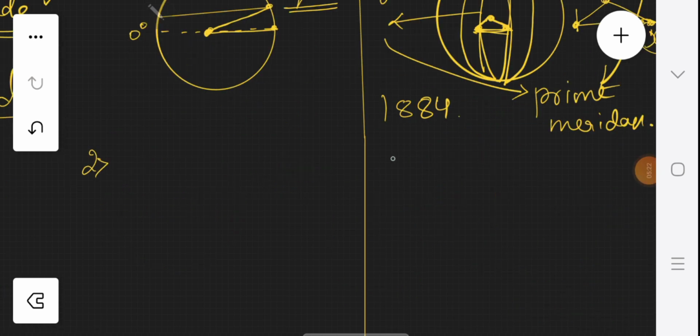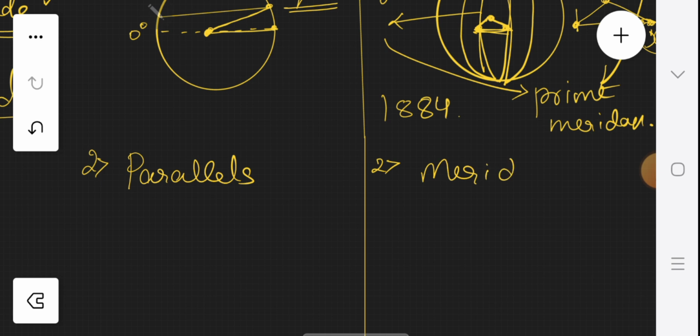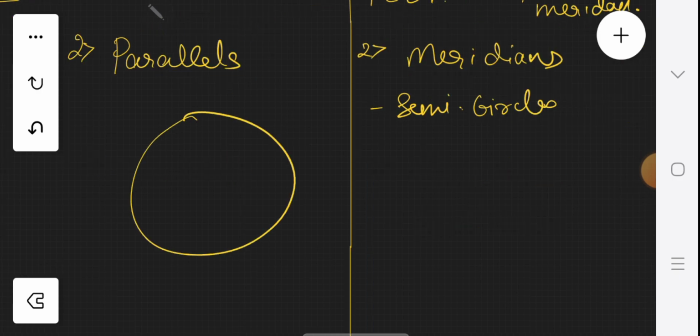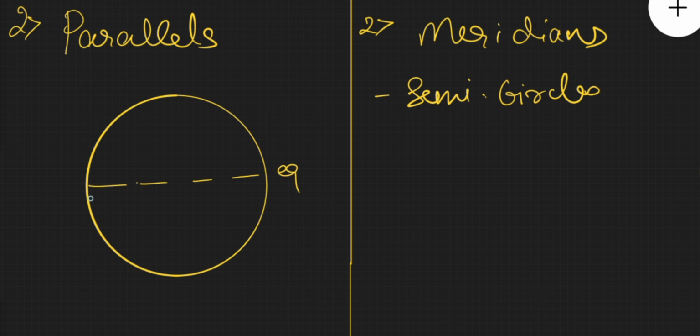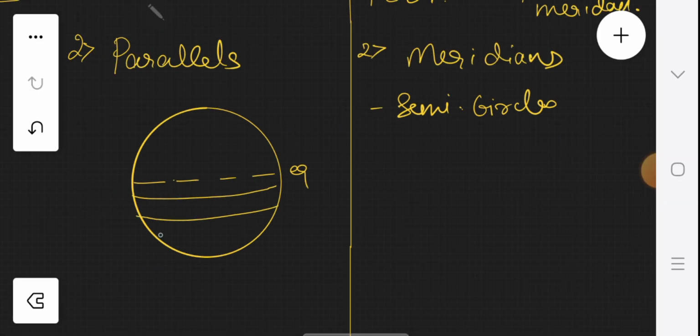The second difference: these latitudes are known as parallels, since they are passing parallel to the equator, and these are known as meridians, since these are semicircles. If you take this as earth and you mark the equator, and then you have various latitudes passing through the earth's surface, the distance between each 1 degree latitude is measured as 69 miles.